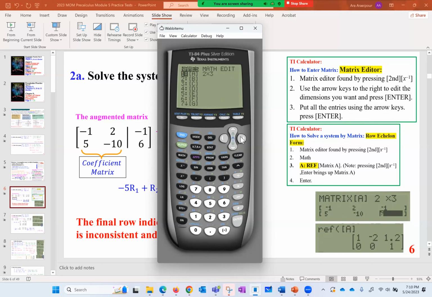We go to the right, and then we bring the arrow down until we hit REF. So if I click on that, second, matrix A.